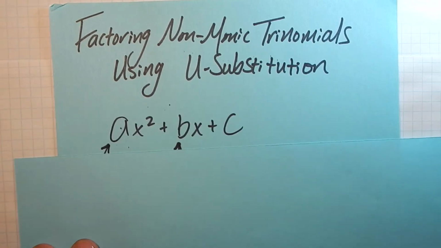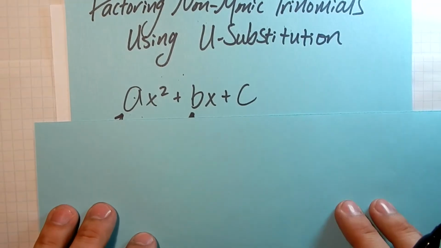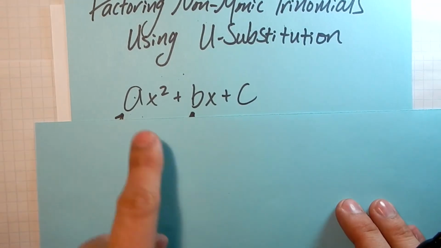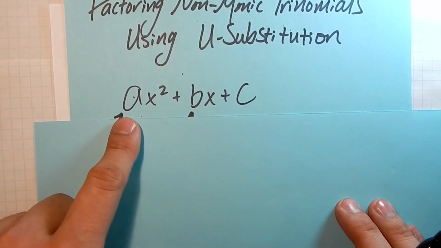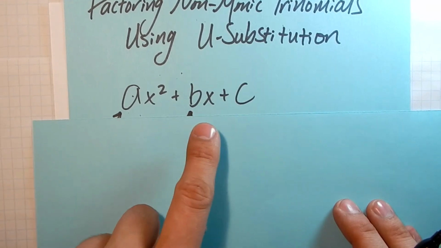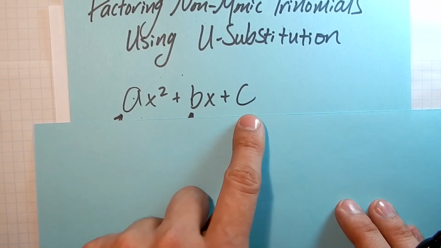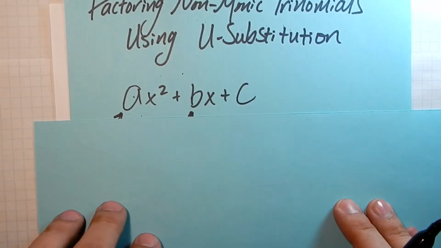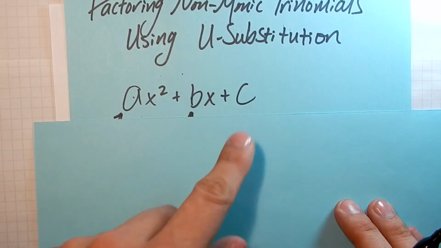So again, we have these trinomials in the form of ax squared plus bx plus c. They're non-monic, which means our leading coefficient is something other than 1. It could be anything, and our other two coefficients are other numbers. The signs could be positive or negative, any combination.